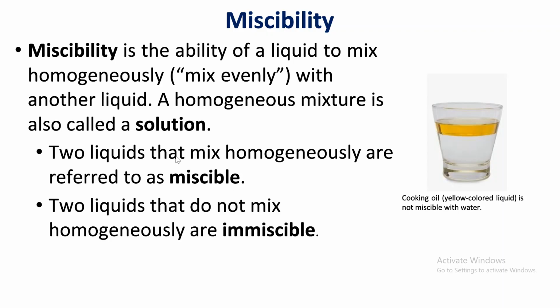On the other hand, if you mix two liquids and they do not mix, we say they are immiscible. If we look at the picture on the right, we have two liquids: water and oil. Notice the two liquids are not mixing. So we say water and oil are immiscible because they do not mix.